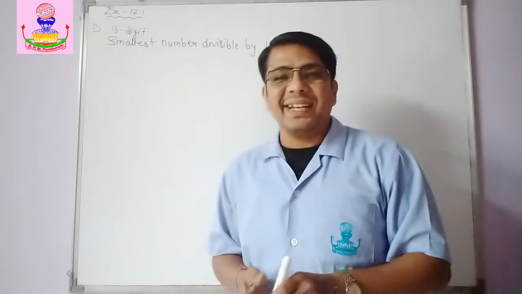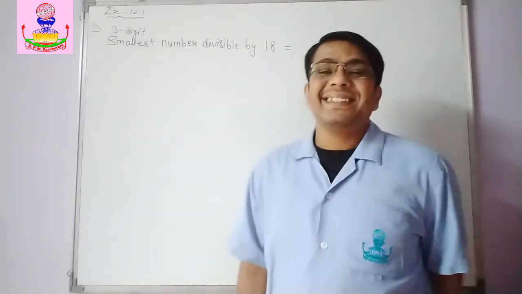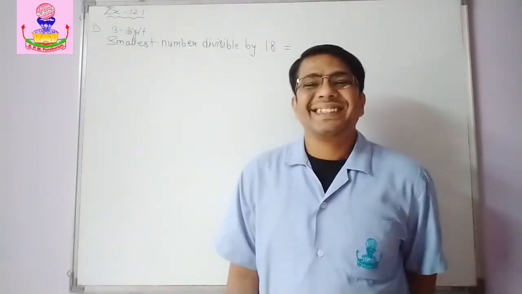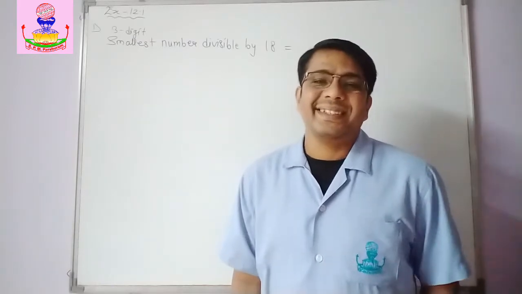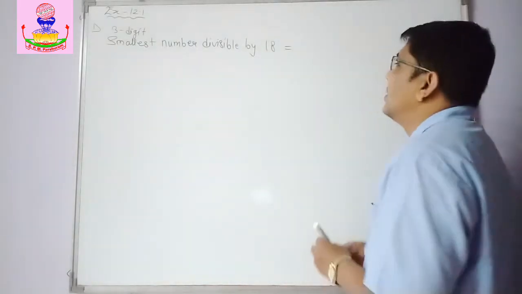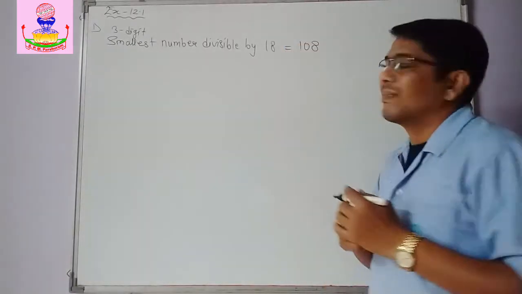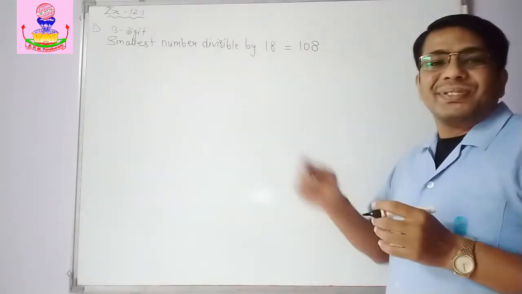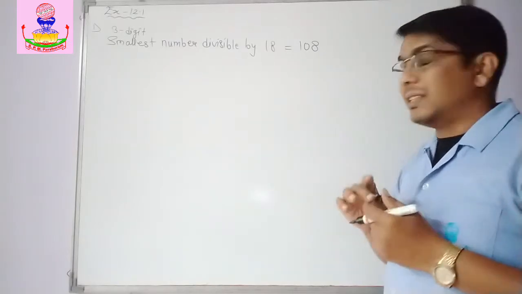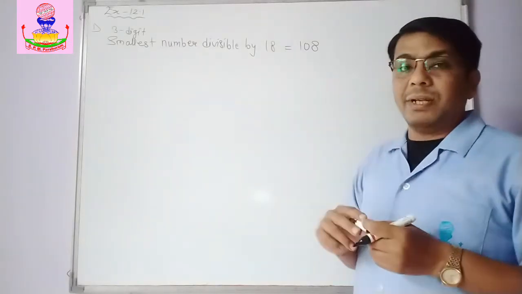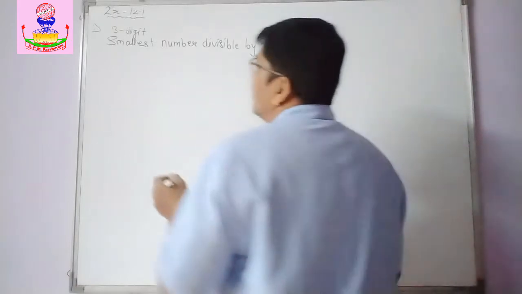Now I know 18 5s are 90. 18 6s are how much? 108. Right? So 18 6s are 108. So that is the smallest 3-digit number divisible by 18.